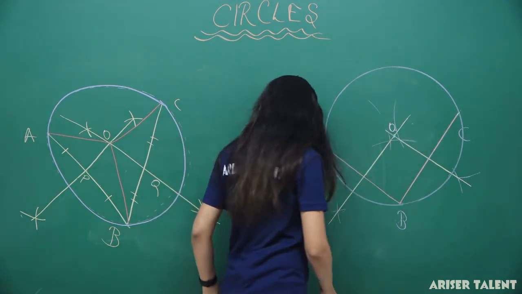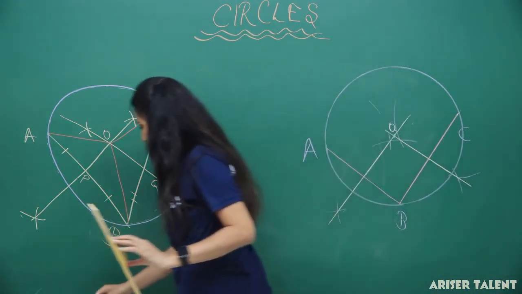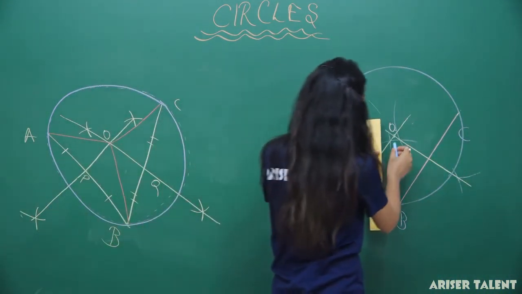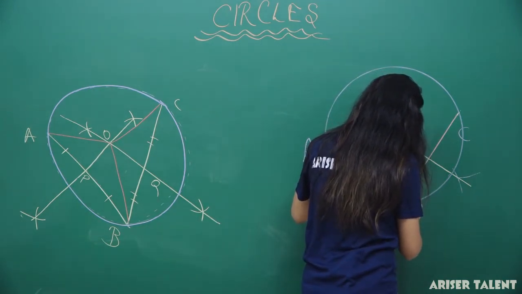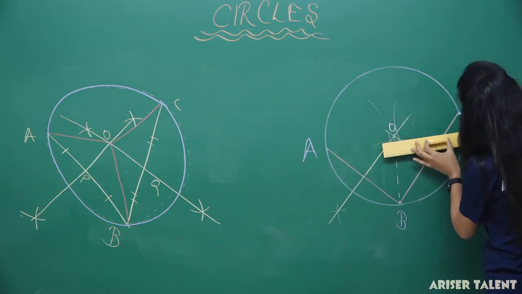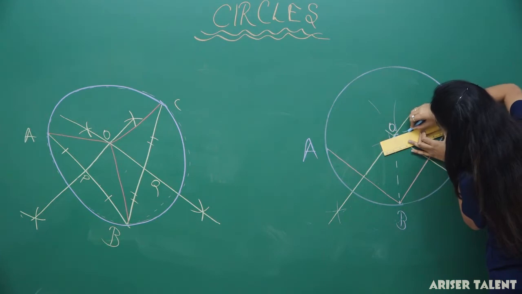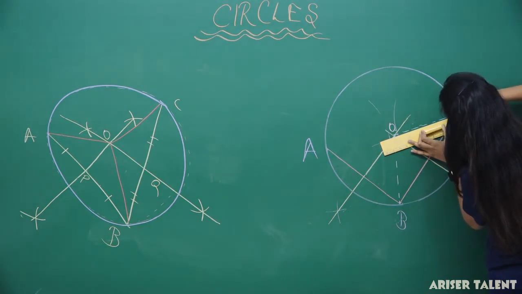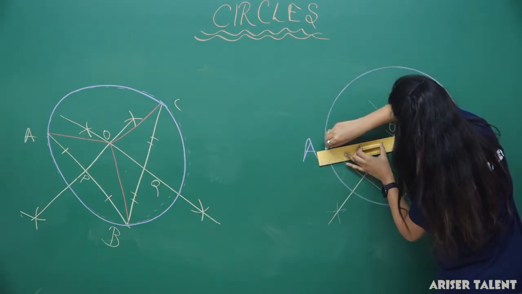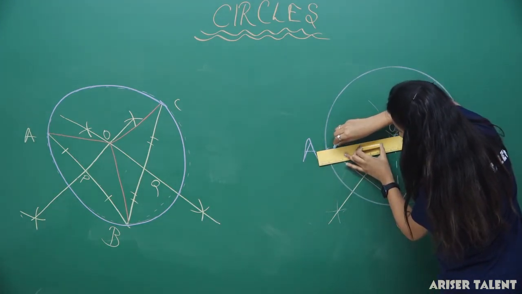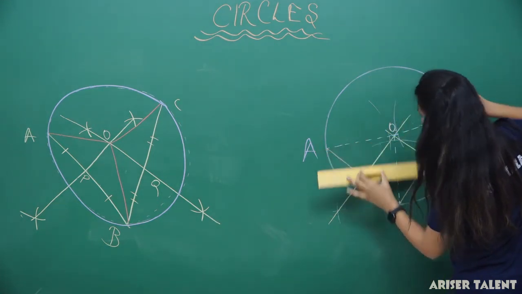These are the radii and you can draw them also with some other color chalk. I will use blue. So that will be OB here, OC here, and OA here.